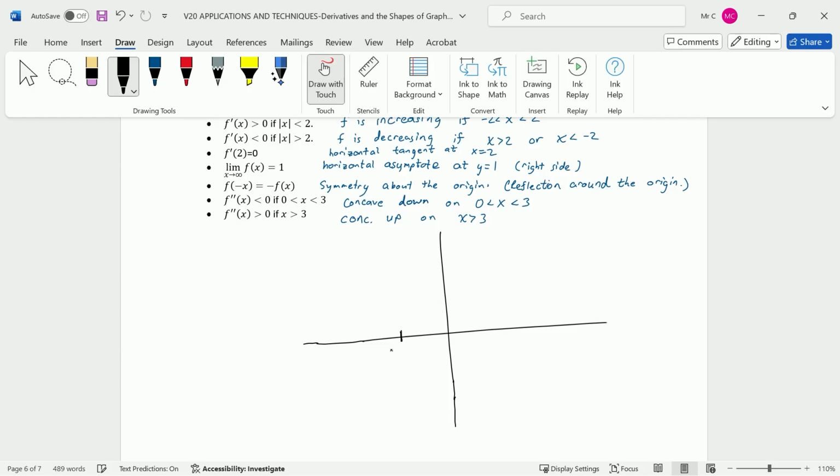That's going to change at -2 and 2. So if I draw an interval here, from -2 to 2, this thing should be increasing. And it should be decreasing otherwise. So down on these intervals.